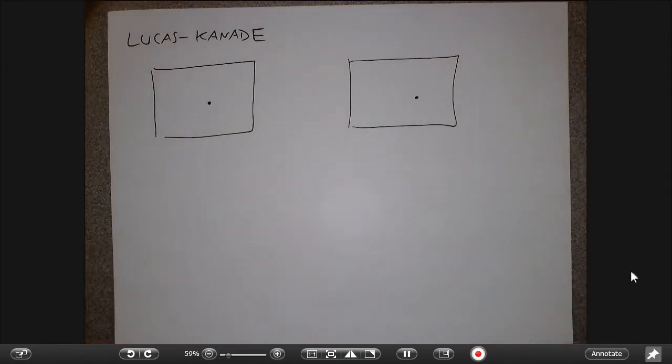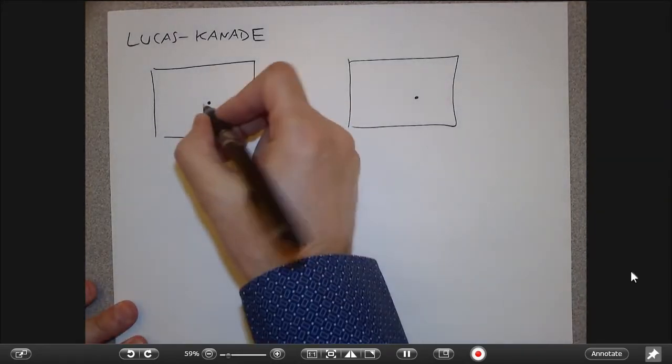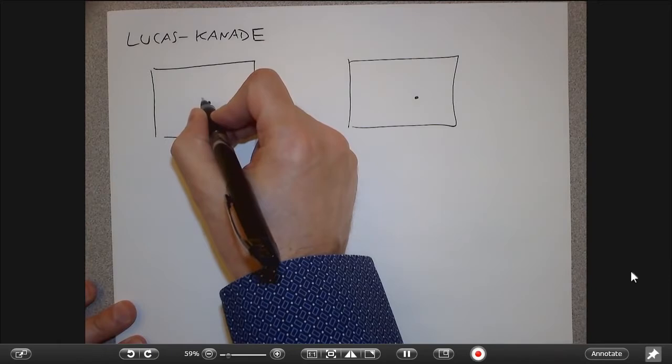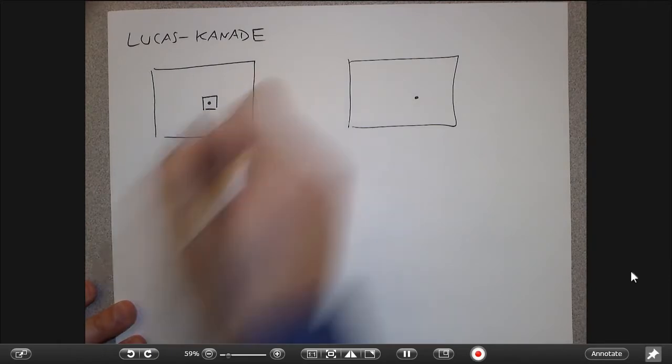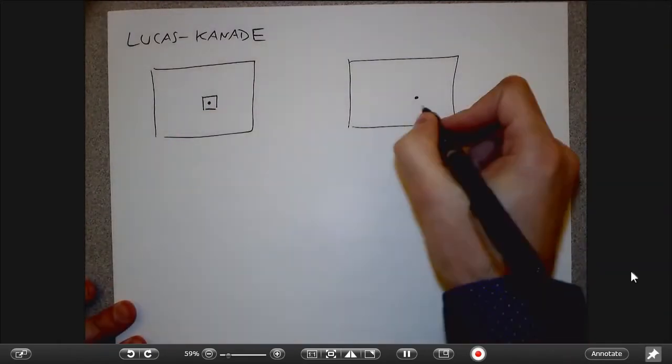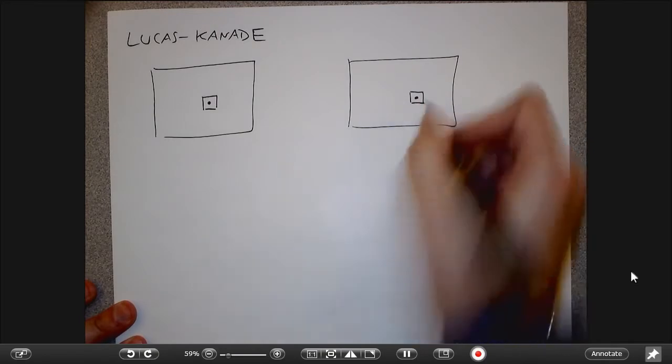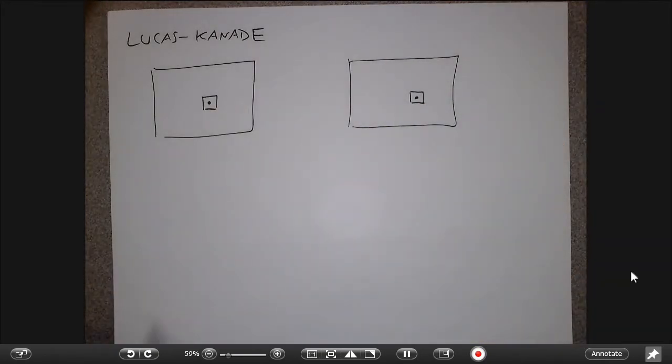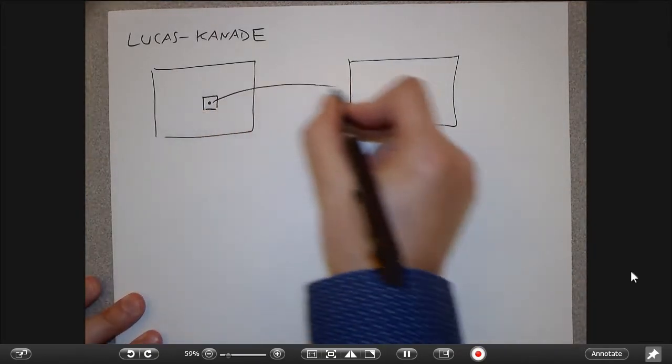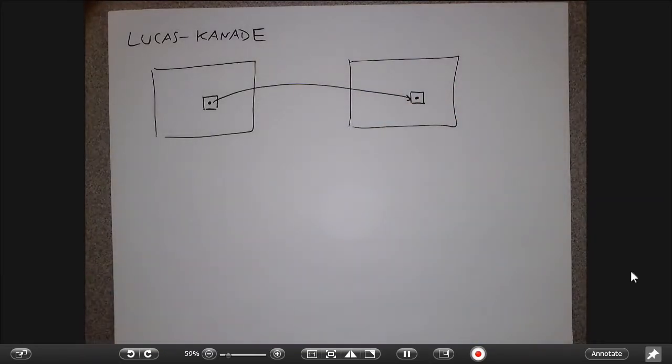So one thing about the Horn-Schunck method is it wasn't really clear how nearby pixels were related to each other except via the smoothness term. Another thing that I could do, which makes a lot of sense in the context of feature matching, would be to say, okay, I'm going to draw a small box around each point, and I'm going to try and find the best small box over here, right? So it's kind of like saying I want to move this whole box of pixels from there to there, okay?